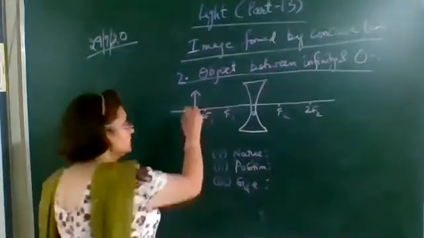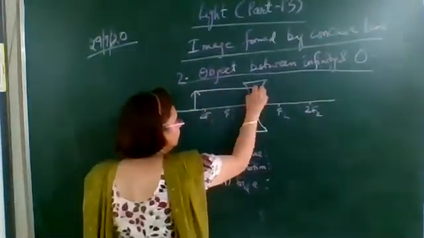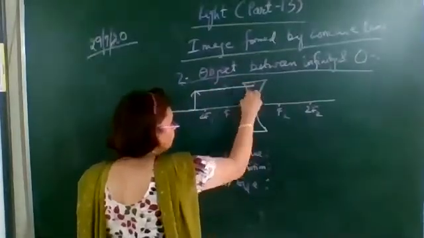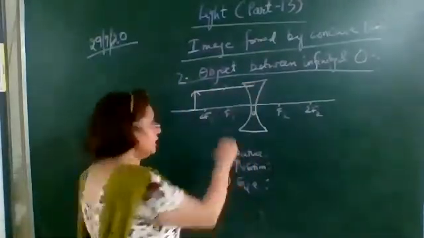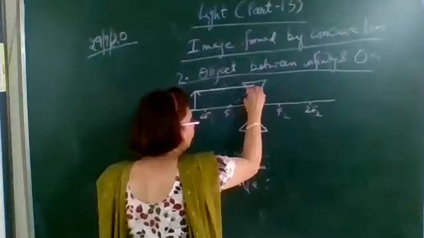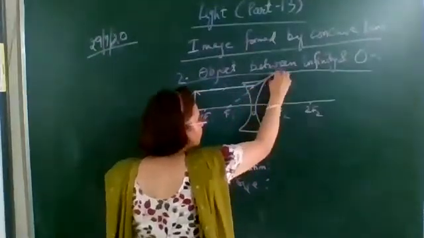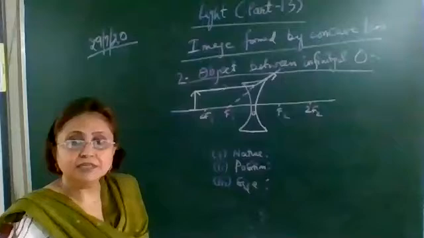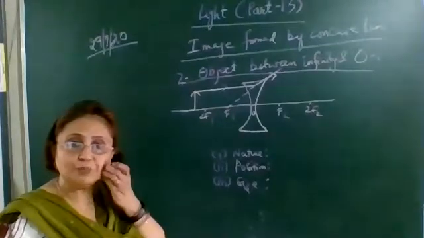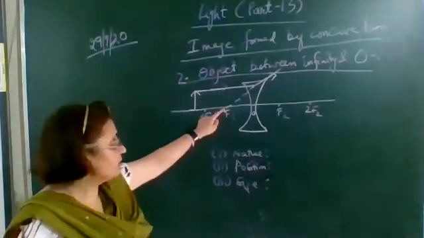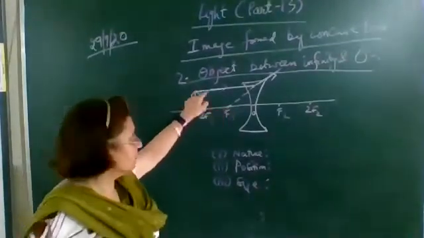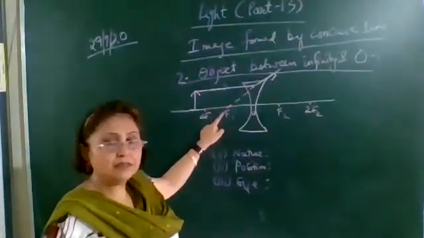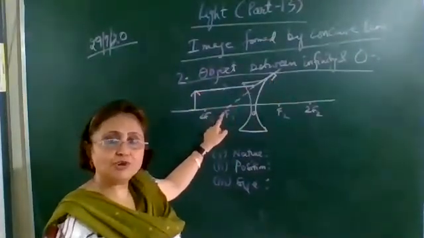The first incident ray from the tip of the object, which is parallel to the principal axis, appears to pass through F1. So this ray of light diverges, and when we extend it backwards, it appears to pass through F1.